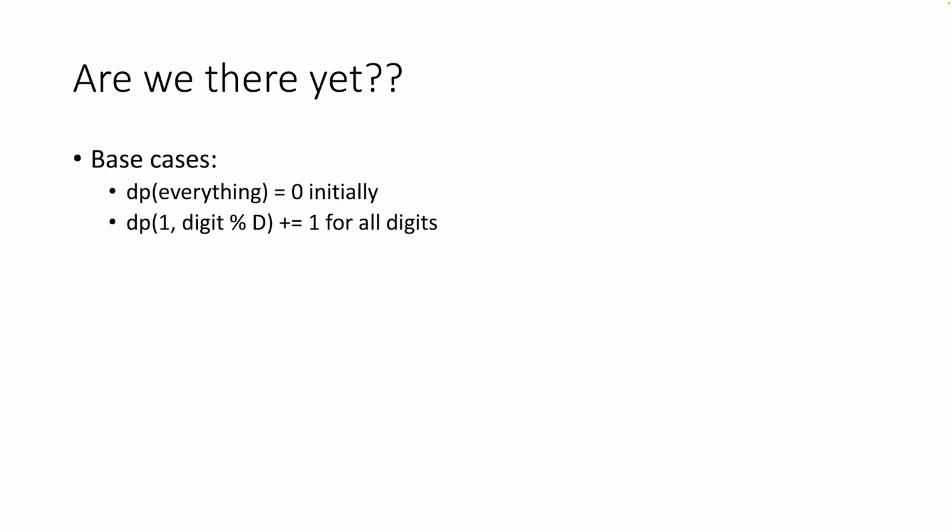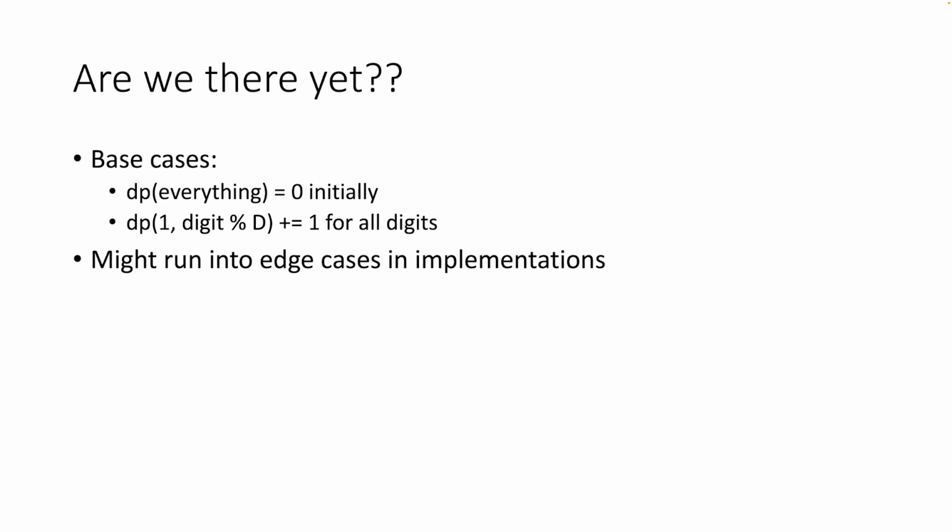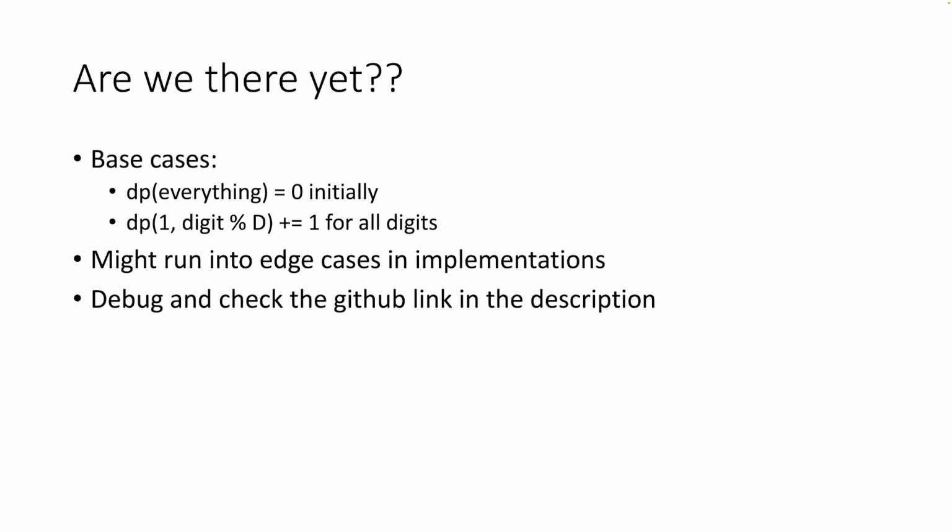So the base cases here are going to be dp of everything 0 initially, so you should initialize a dp array with 0, and increment dp of 1 and digit modulo d by 1 for all digits. You might run into edge cases in your implementations, but these should be quite easy to debug, and you can also check the GitHub link for my own implementation if you get stuck anywhere. Of course, the final answer after computing all this will be in dp of n and 0.